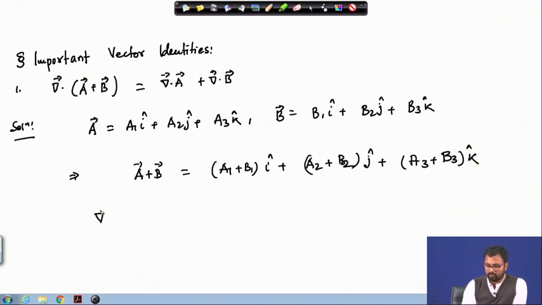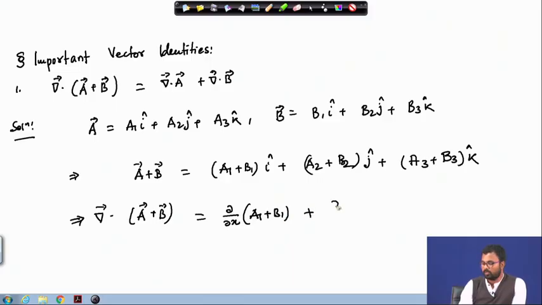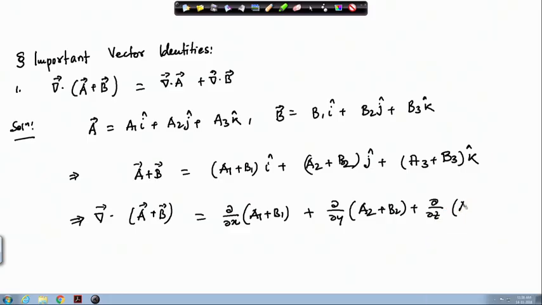And now, when we take the divergence on both sides, then divergence of a plus b is equal to del del x of (a1 plus b1), del del y of (a2 plus b2), because it always yields a scalar function, and del del z of (a3 plus b3).